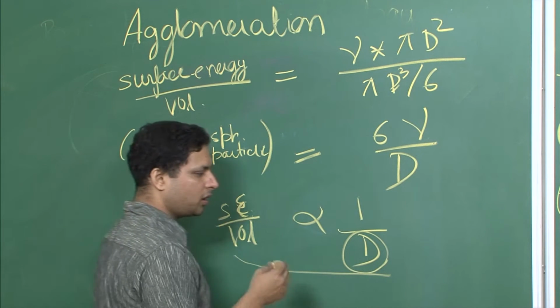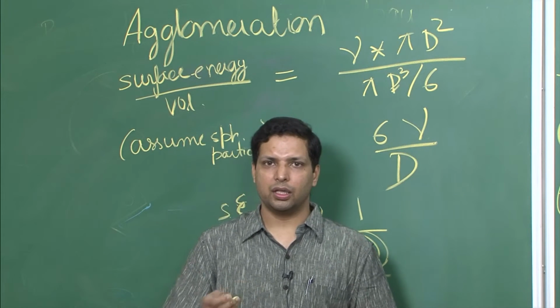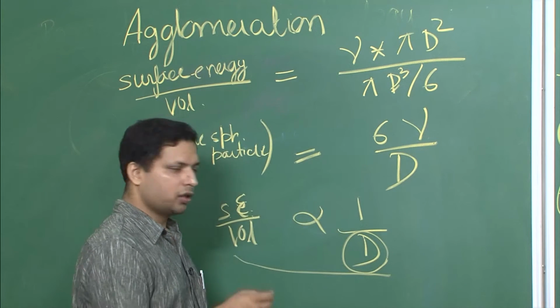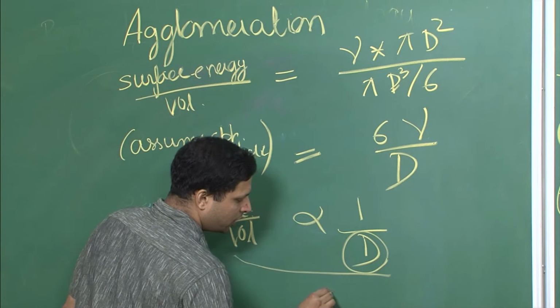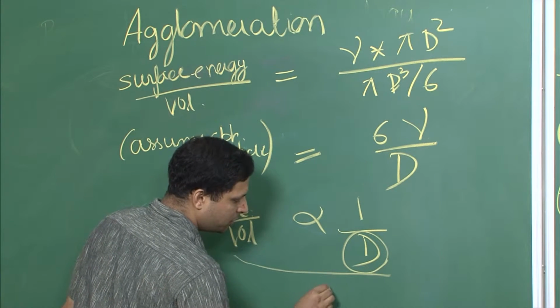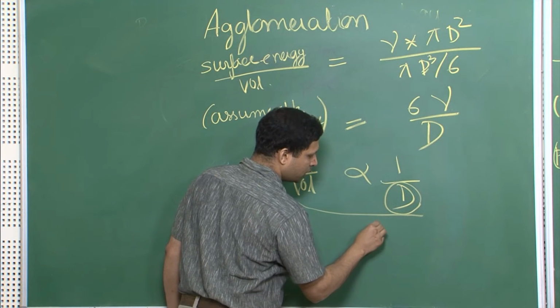But the size of the particle that you are producing is dependent on the process parameters, and therefore that cannot be changed. So what the system does is get a lot of particles together.